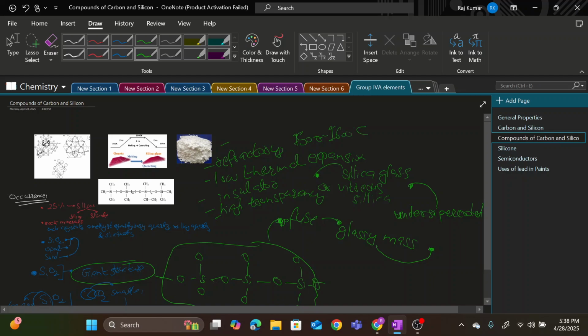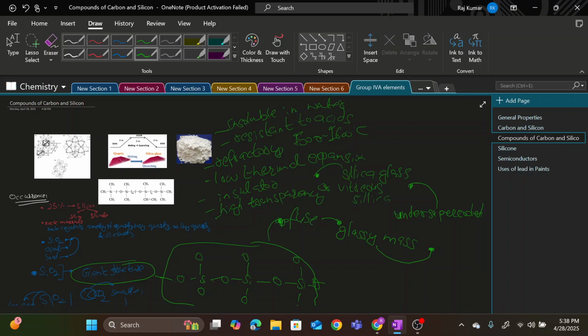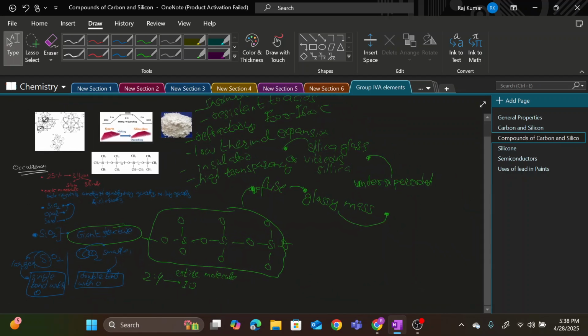It is resistant towards acid attack, resistant to acids, and insoluble in water. So these are some important points that need to be considered about vitreous silica.